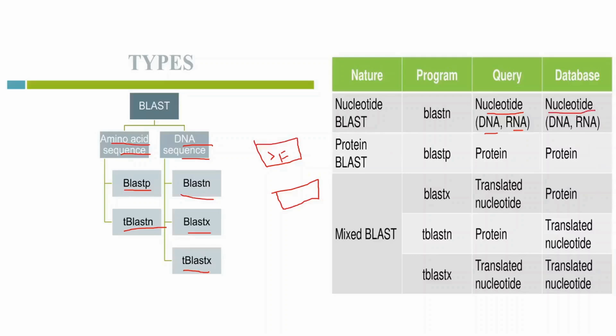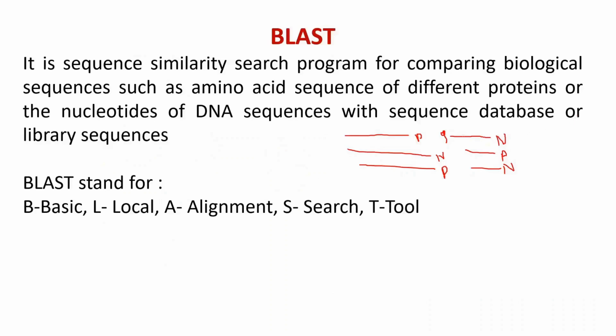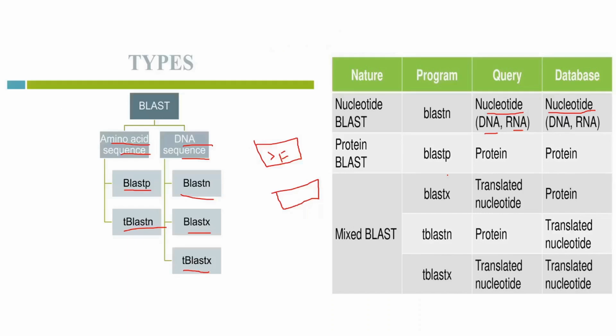In the previous slide I told you that a nucleotide query can be searched against the protein database or the nucleotide database itself, and likewise a protein query can be searched against the nucleotide database or protein database. But here the program is BLAST N: the query sequence is nucleotide and the database is also nucleotide.